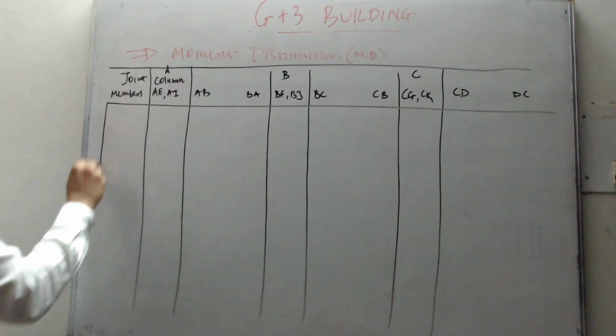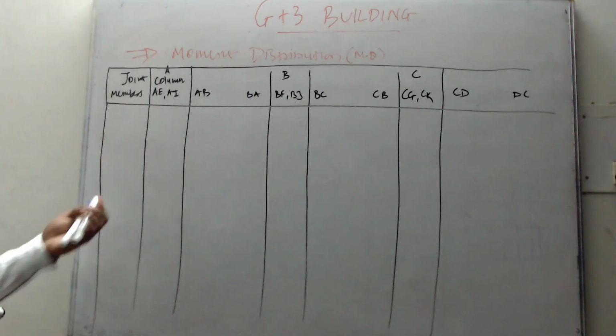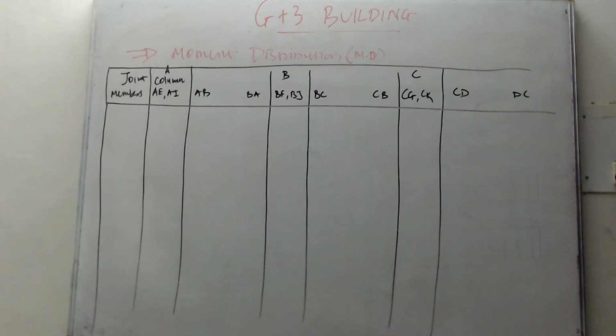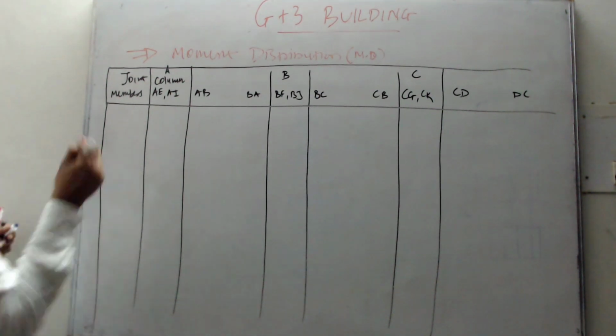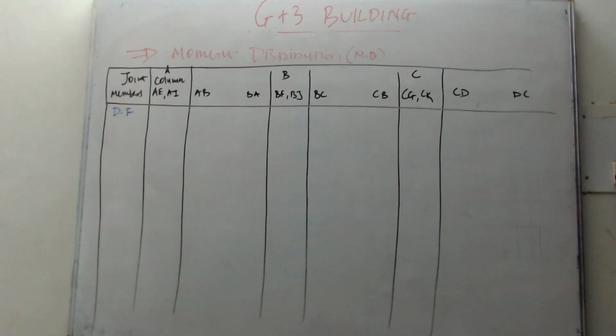You need to pay attention because this is done in your structure analysis part, right? So first we need to write distribution factors. So let me write distribution factor first, DF. So what is the distribution factor at AE and AI?